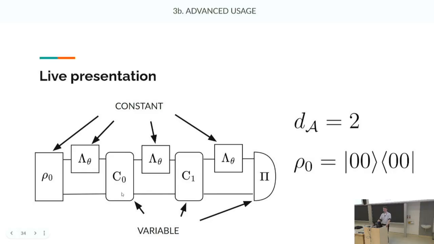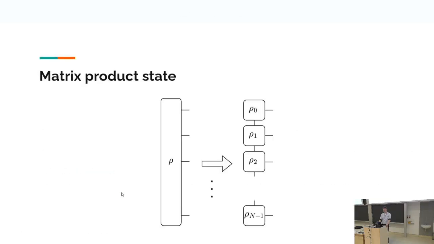Yes. And maybe, since we are already talking about it, in case you have a state that acts on many spaces, so it would be exponentially large, you can actually also represent it as a tensor network. This is called a matrix product state, where there is an, let's say, artificial index that connects these elements.